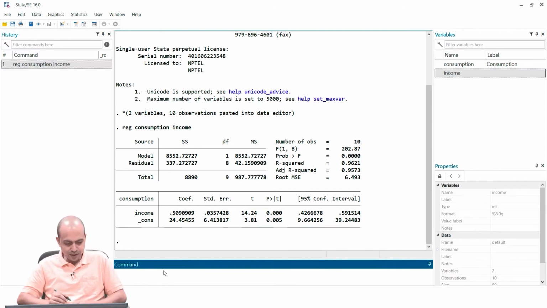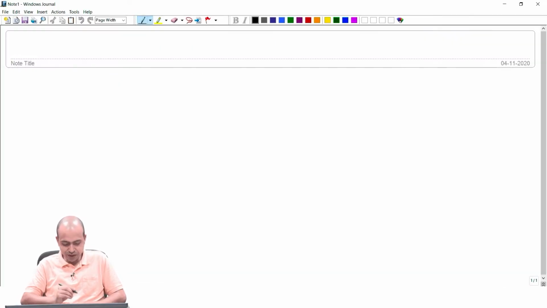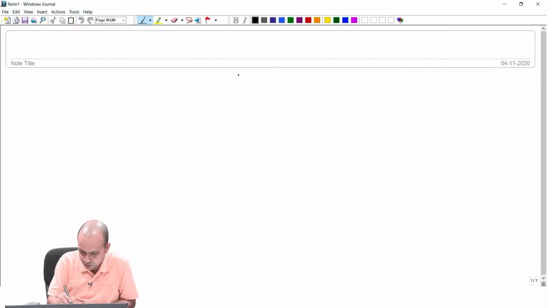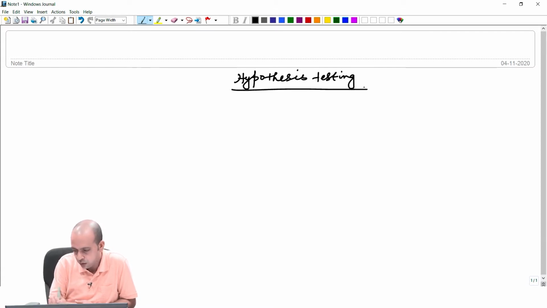Now, how will you do that? If you go back to our discussion yesterday, what is the decision rule of hypothesis testing? The decision rule says that we have to first construct the t statistic, and that is beta hat divided by standard error of beta hat.